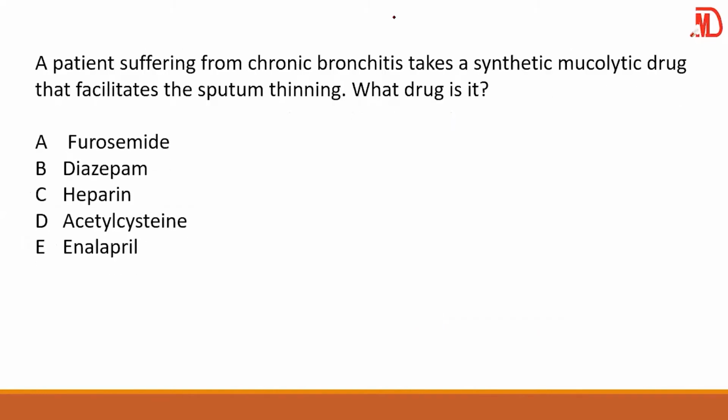A patient suffering from chronic bronchitis takes a synthetic mucolytic drug that facilitates sputum thinning. So here you're looking for a drug that can break down the mucus so that the viscosity will be reduced and then the phlegm will easily come out.